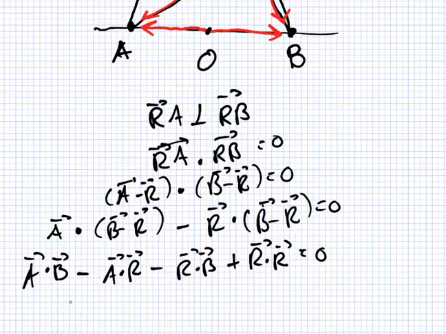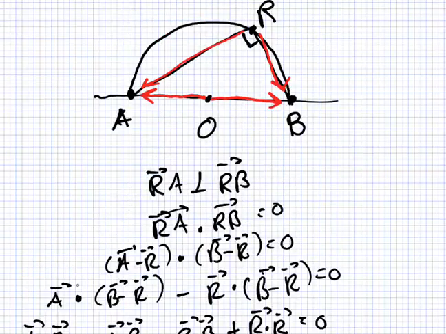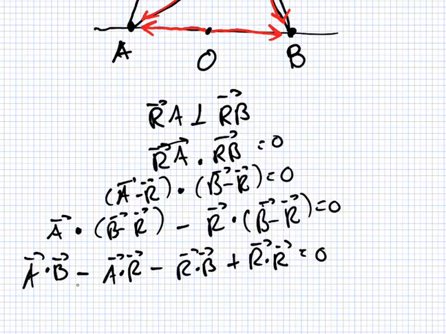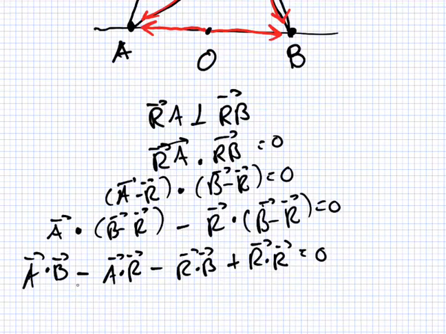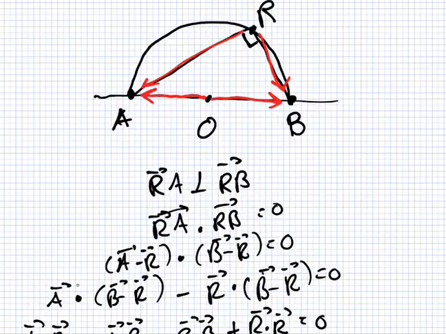Okay. A dot R. Let me have a look here. A dot R and then R dot B. Now there's too many letters here. There's a little trick here you can do with the A and the B. Vector B is the same as what?